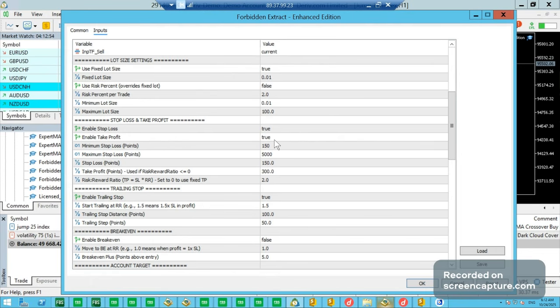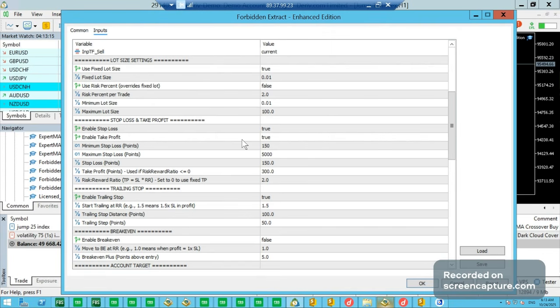But I will advise you to set your take profit and your stop loss, especially for beginners or new users in all these forex things, because this will guide you.